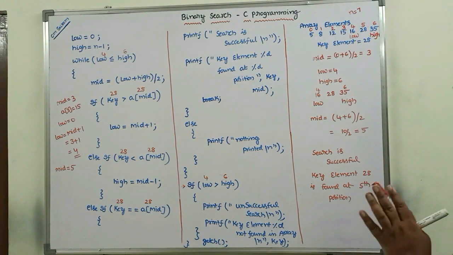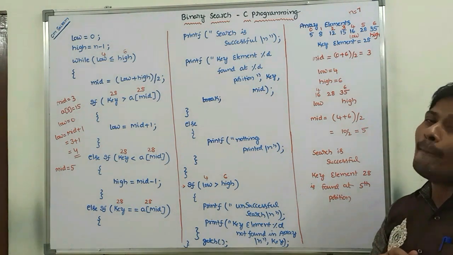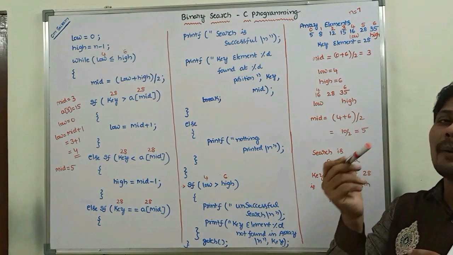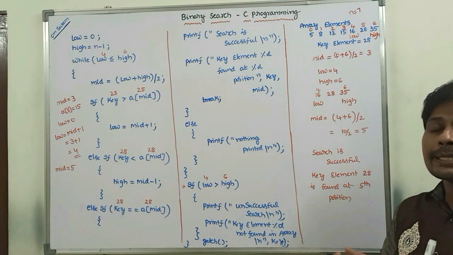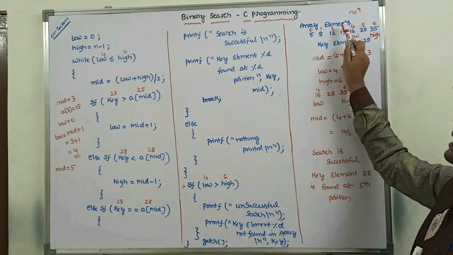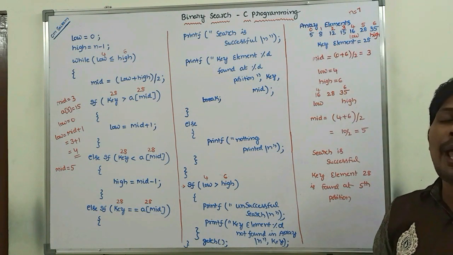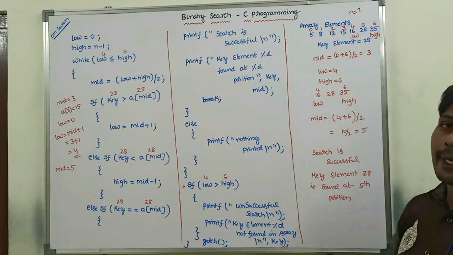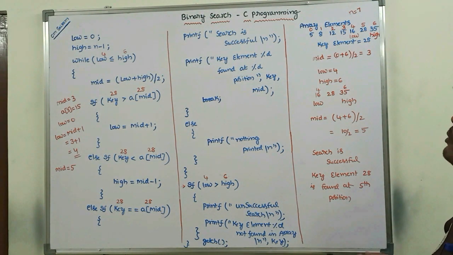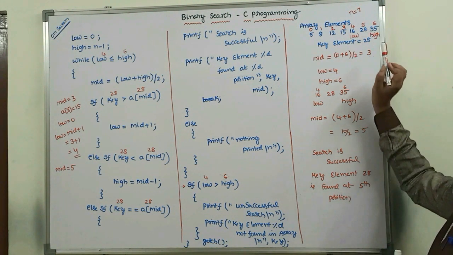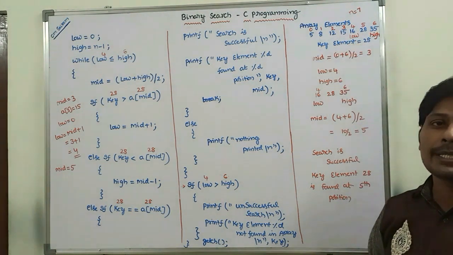So this can be done by taking the mid value. If key value is less than the mid value, we consider the left sub array, ignoring the right sub array. If key value is greater than the mid value, we consider the right sub array and ignore the left sub array.